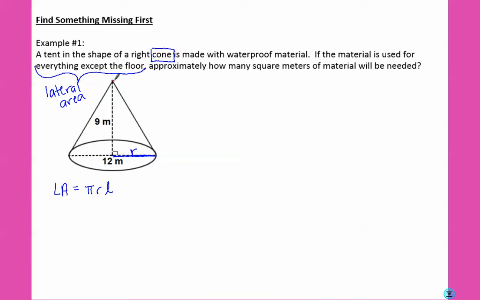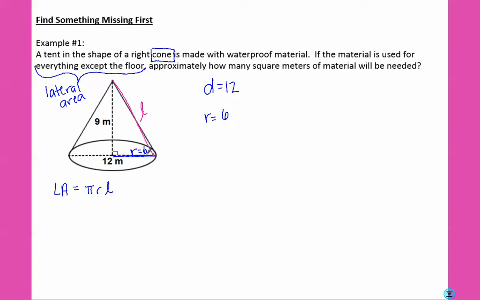And L is our slant height that goes down the side of the cone. So let's find R first. We know the diameter is 12. Well, the radius is half the diameter, so that would be 6. So we know the radius equals 6.